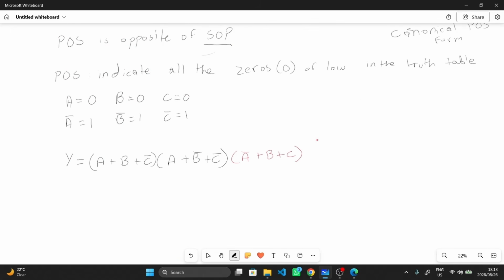So this will be A is 1, B is 0, C is 1. Okay, so as you can see, this is again our standard POS, or you can say again canonical POS form.